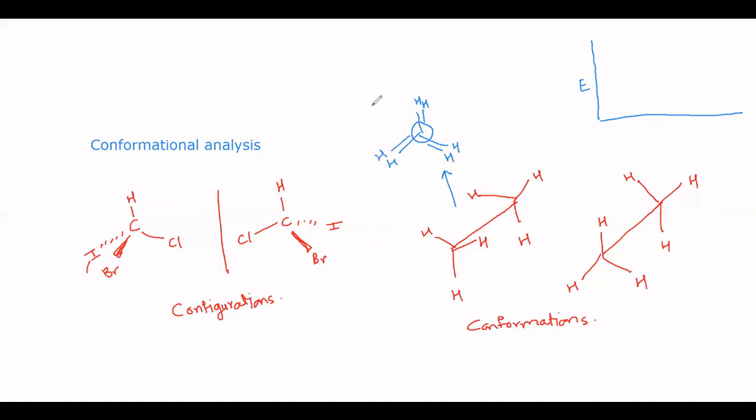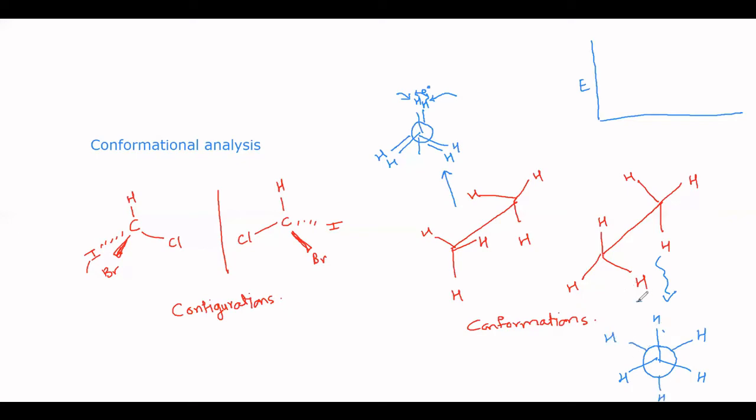Now the plane containing this hydrogen and the plane containing this hydrogen, they are in the same plane. They coincide with each other. And that's why the angle between these planes is 0 degree. Similarly, if I draw it for this staggered form, this is the front carbon and this is the backside carbon.